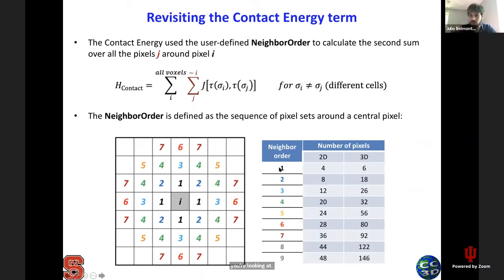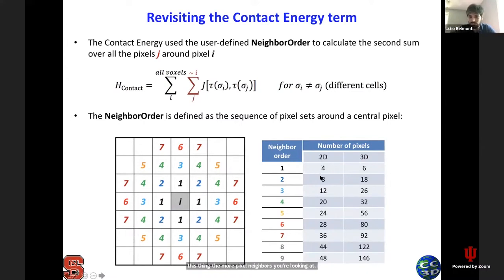A neighborhood order of 1 means you're just looking at your immediate pixels. If this is your central pixel, you're looking at up, down, left, and right. If you're looking at neighborhood order of 2, then you're also taking into account the pixel neighbors that are in the corners. If you look at 3, then you're looking at a little bit higher, and at 4, you're looking at this value, and the bigger you make this number, the more pixel neighbors you're looking at.